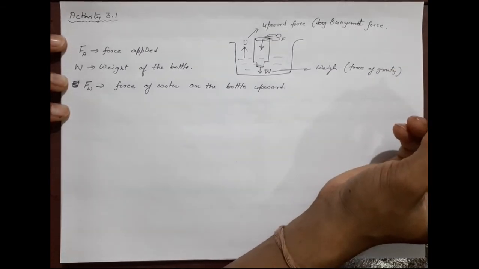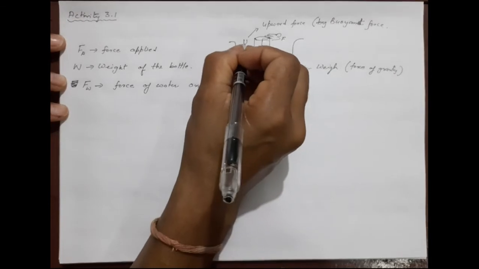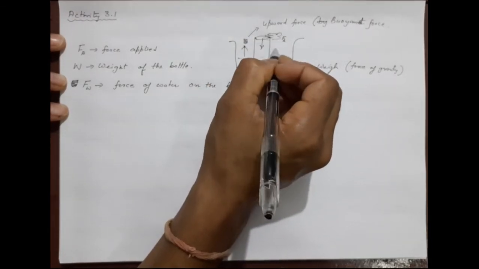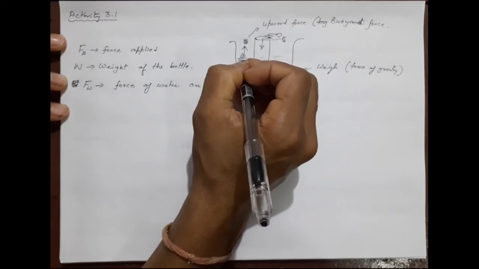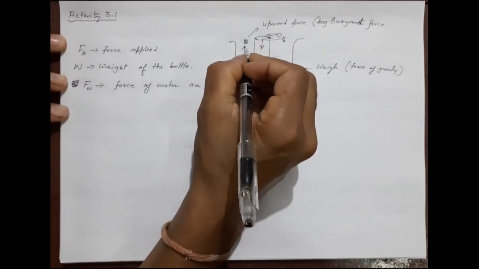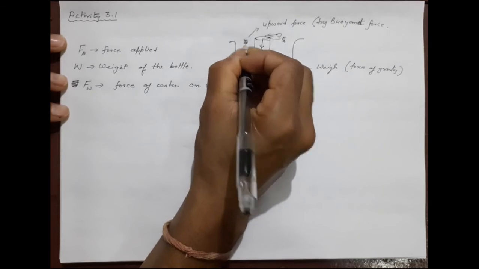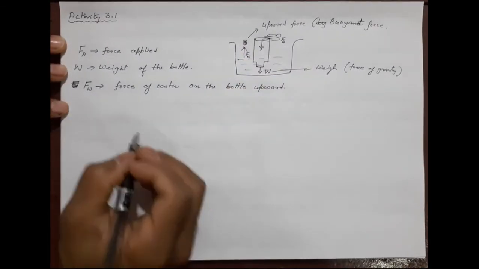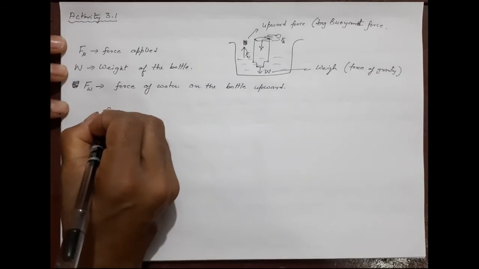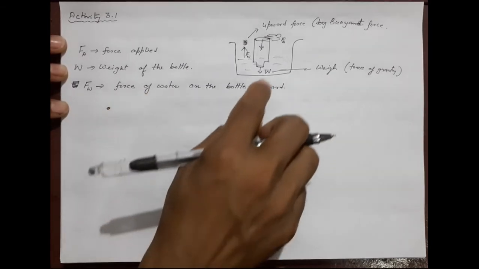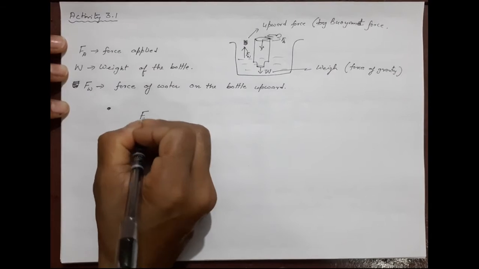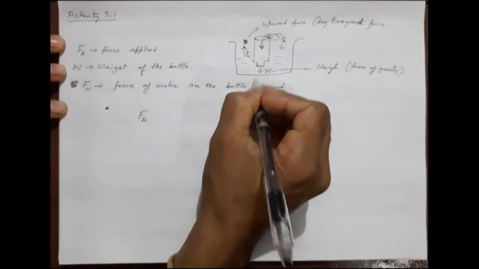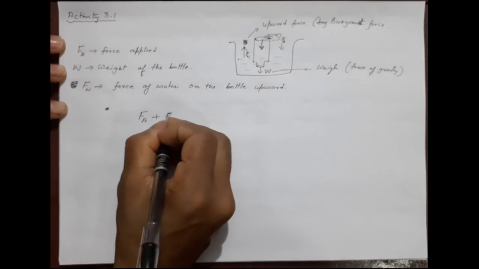Now this is Fa, downward. The upward force has another name, that is Fw in the diagram. If you see all the downward forces, what are they? Fa is downside, and weight W is also downside.